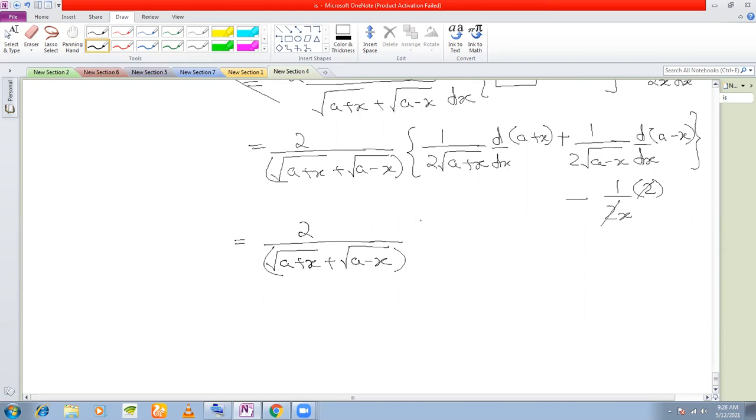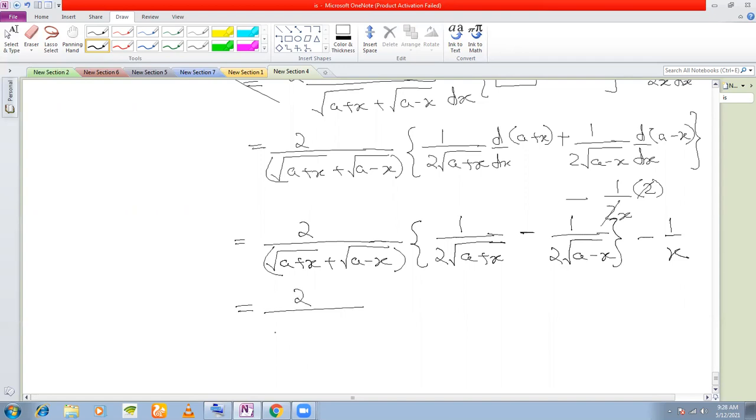And d/dx of a plus x is 1, so you simply get 1 by 2 root a plus x. And d/dx of a minus x is how much? Minus 1, right? So you get a minus sign here, 1 by 2 root a minus x, and you have minus 1 by x. So now you take the LCM.